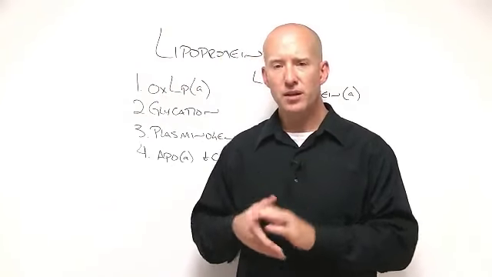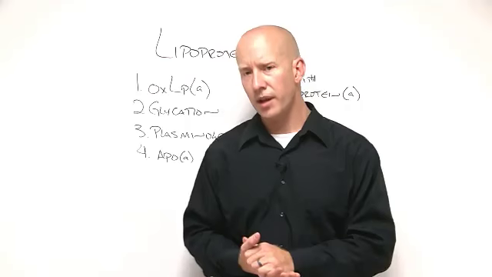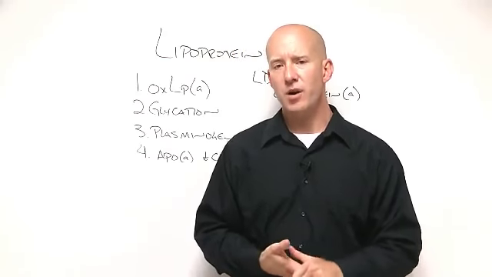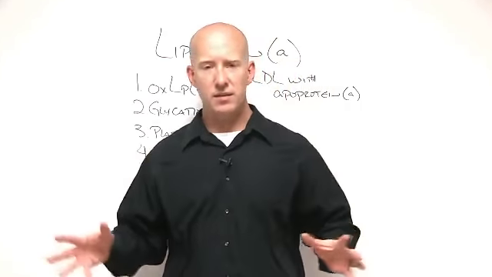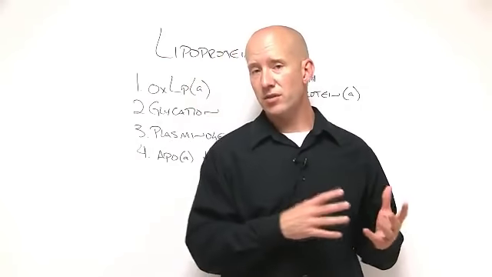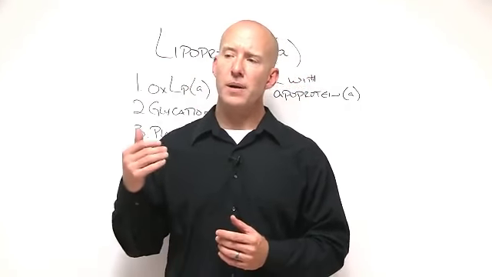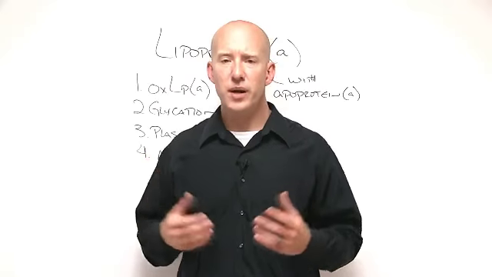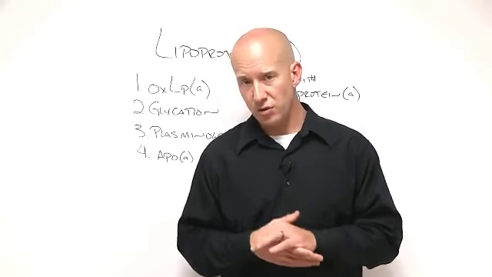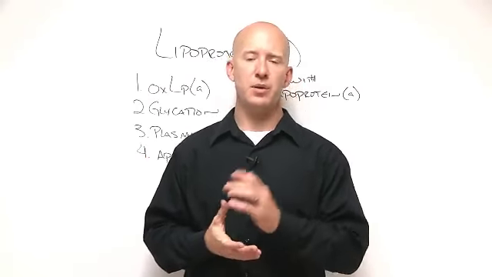So lipoprotein A seems to be genetically related, seems to increase one's risk of cardiovascular events aside from any of these other markers, as well as is associated with more blood sugar dysregulation if glucose is not tightly regulated by that particular individual.